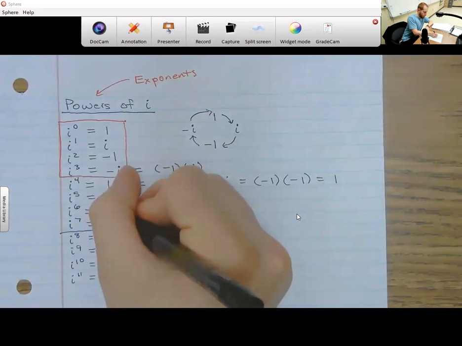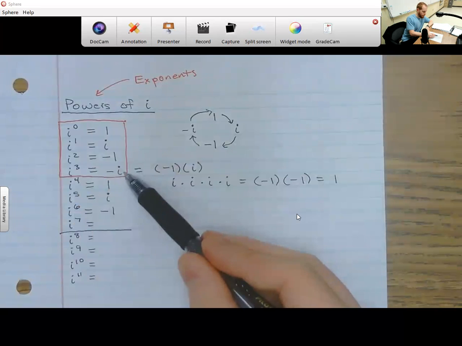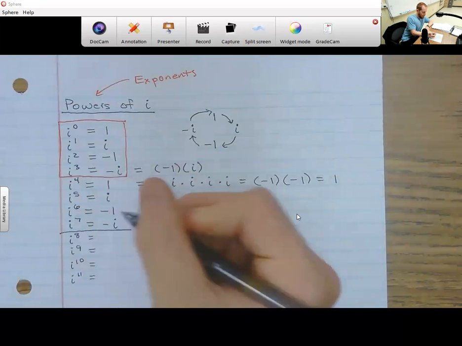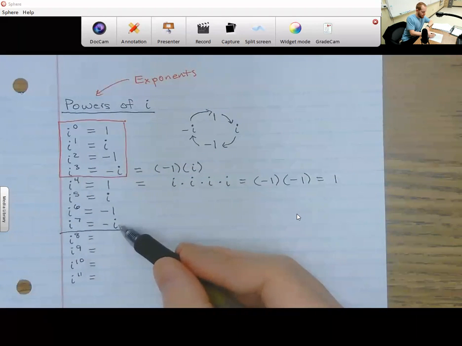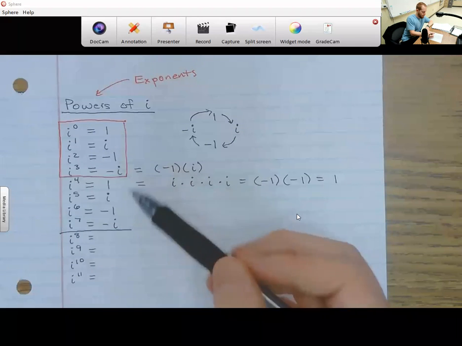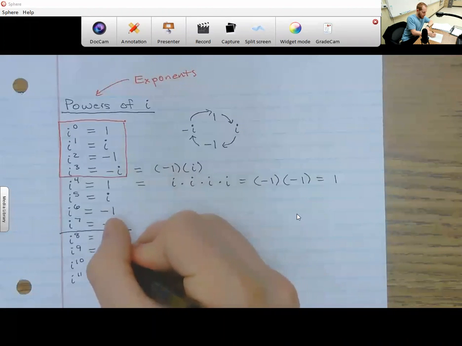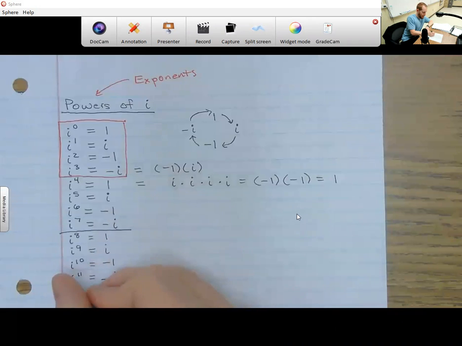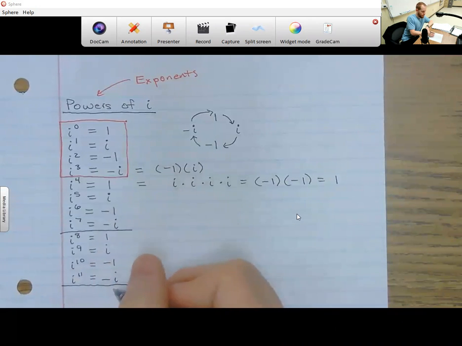So we're going to have -1, and then what comes next after -1? -i, right? So we have -i. And then the pattern repeats itself again because we go all the way back to 1. So 1, i, -1, -i. And then the pattern keeps on repeating itself.